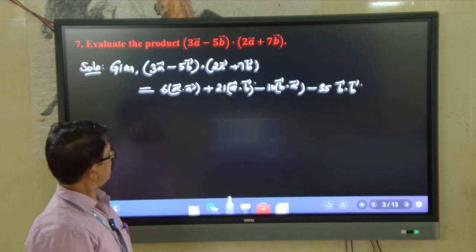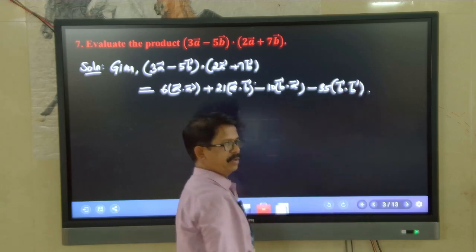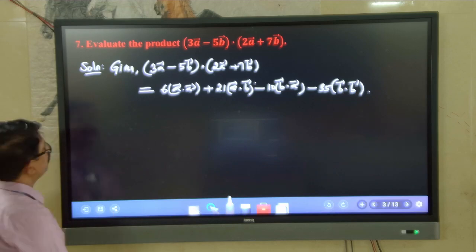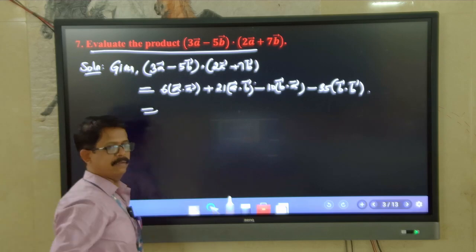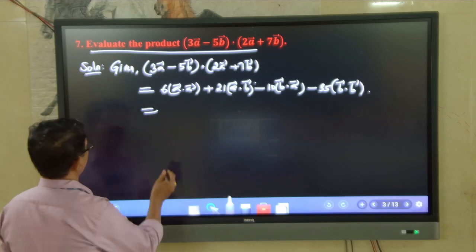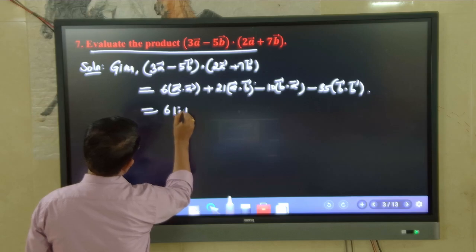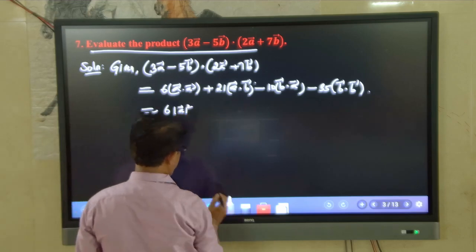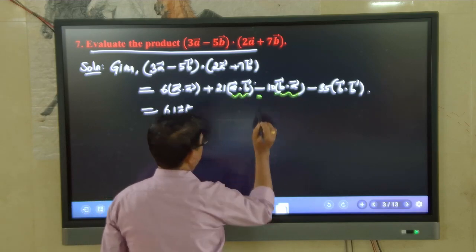If they give any unit vector condition, check your textbook. Nothing is given, so we'll write a one-step answer. Other than any condition in this question, please check it. Nothing. Now this is 6 into modulus of a vector square. Here it is the commutative property, correct? A dot b equal to b dot a, correct?